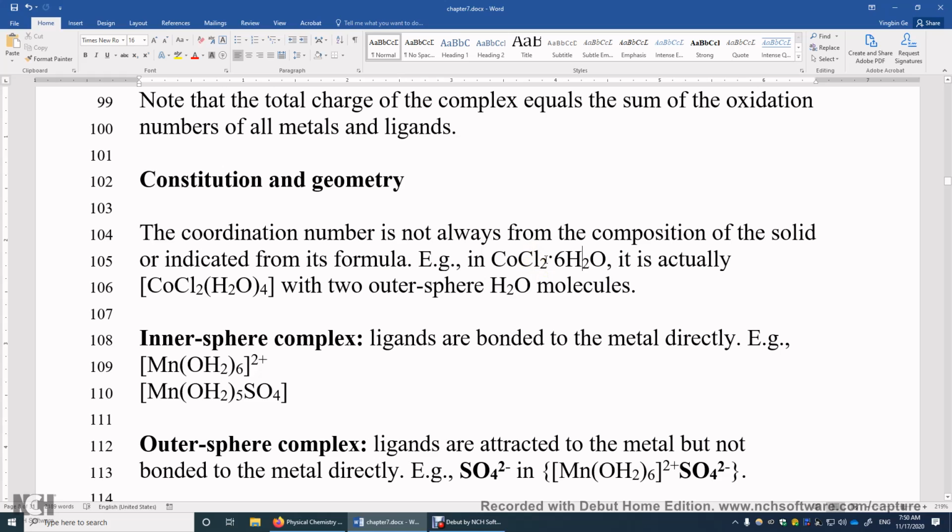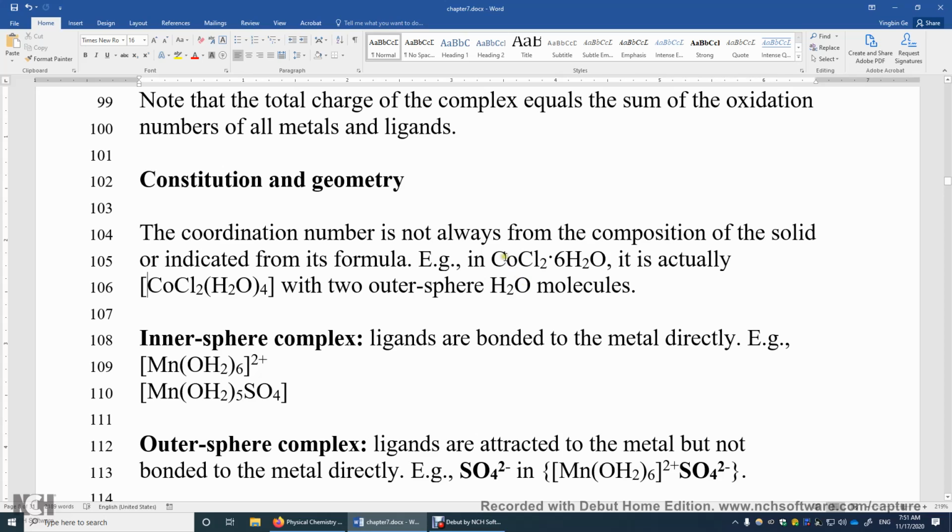All right. So what's the real structure of this ionic compound? It's actually this. Cobalt is bonded to 2 chlorido ligands and 4 aqua ligands. And then there are 2 more water molecules in the outer sphere. So they are not directly bonded to cobalt, but they are not solvent molecules either.